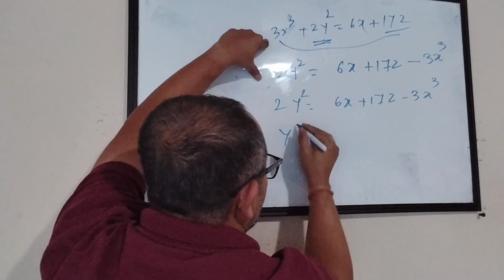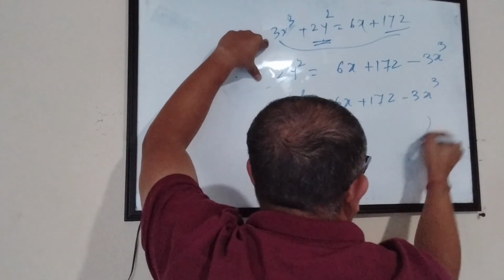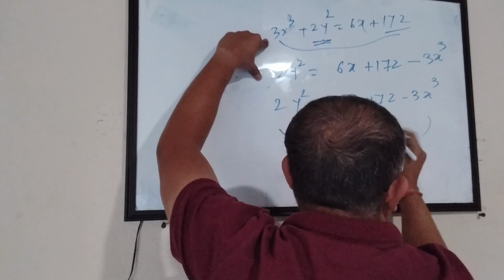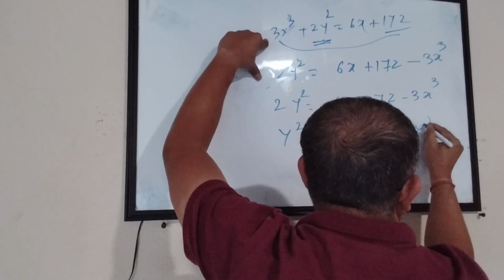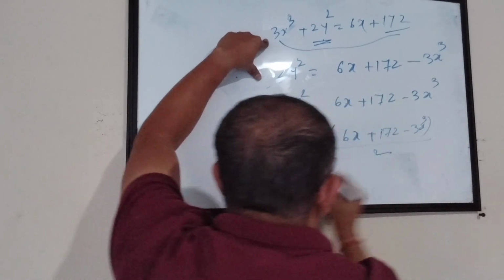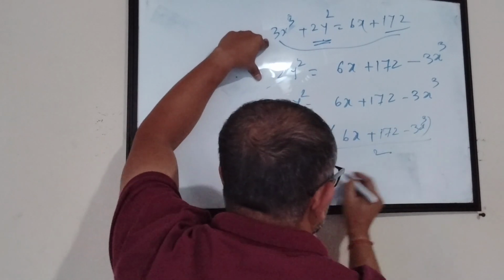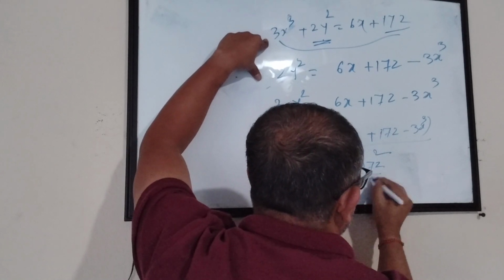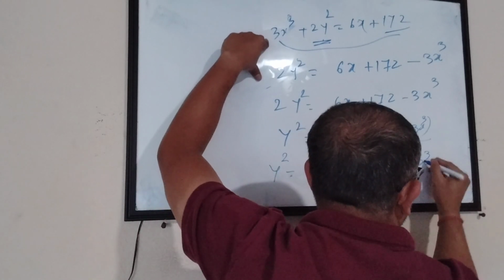That means y squared equals 6x plus 172 minus 3x cubed, divided by 2. That means y squared equals 6x by 2 plus 172 by 2 minus 3x cubed by 2.